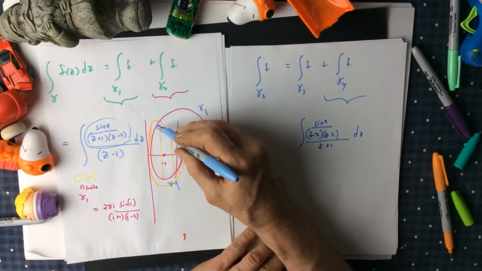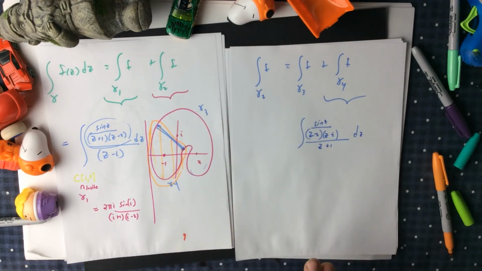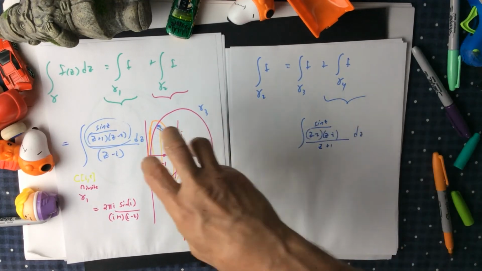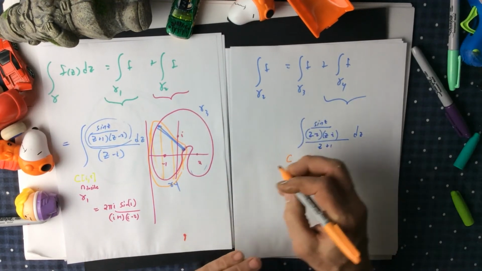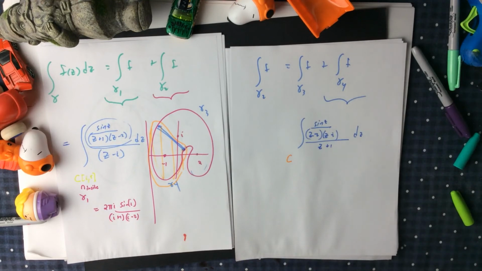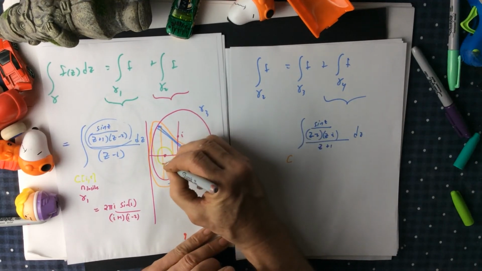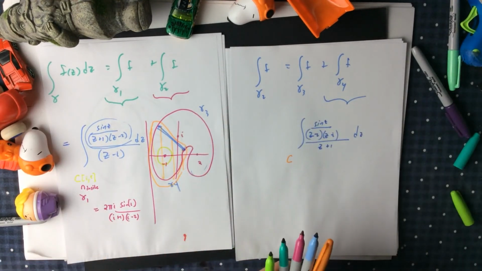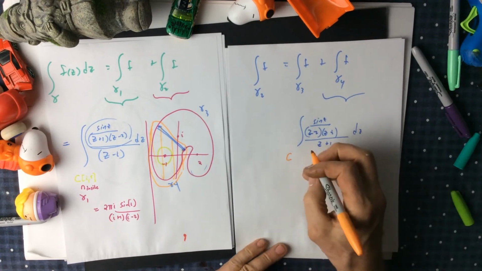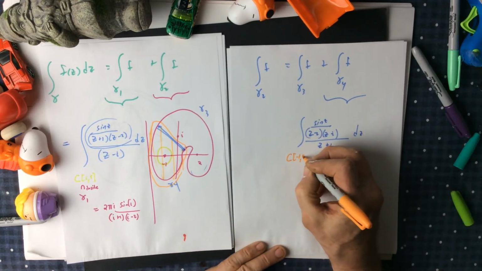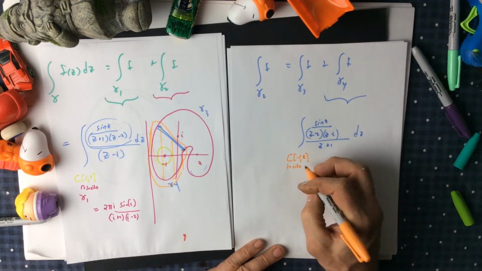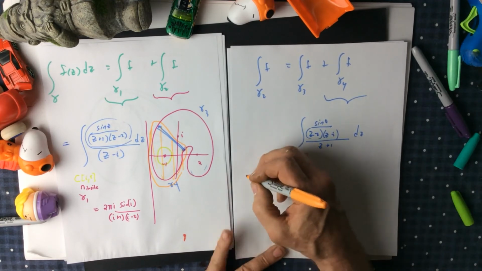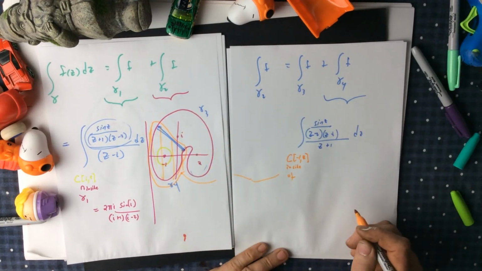And so this function is holomorphic on the interior of that G, but I'm going to pick some circle centered at minus 1 that is inside of that region.